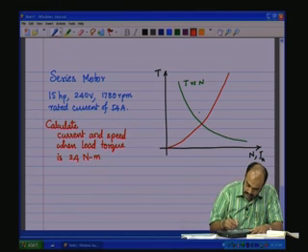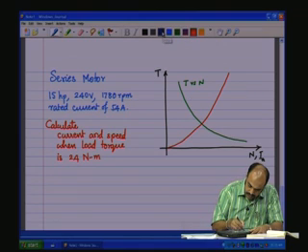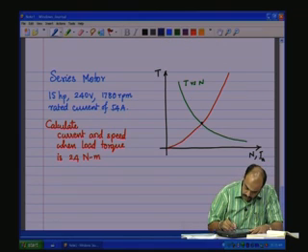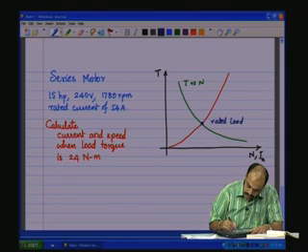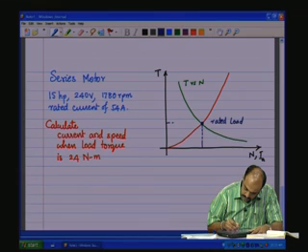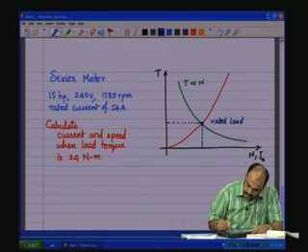Let us say this is our rated load, and this would correspond to per unit 1.